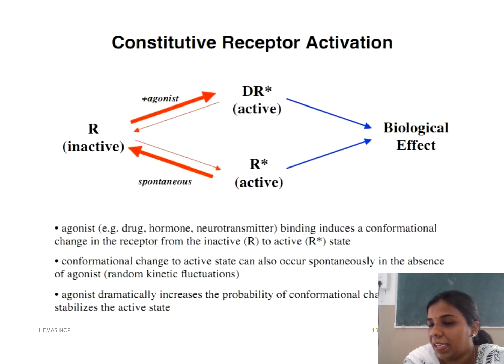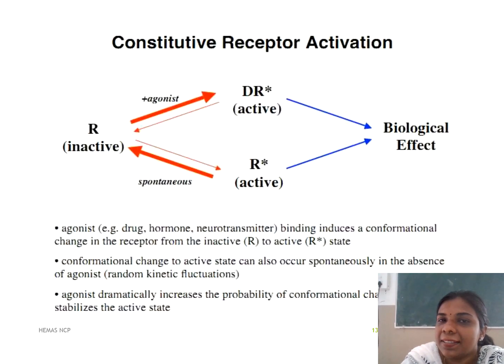For example, for a drug, hormone, or neurotransmitter, they can become active in the absence of any ligand. So this phenomenon is called constitutive receptor activation or constitutive activity. That means some receptors can become active in the absence of any kind of ligand, whether drug, hormone, or neurotransmitter.